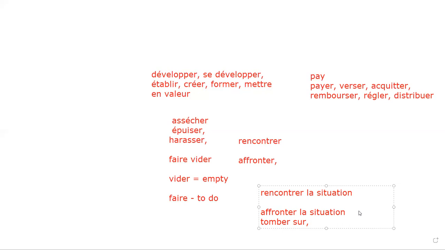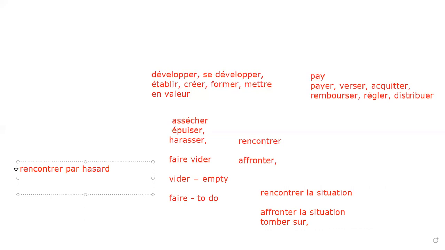Rencontrer par hasard. Very important. Let me write it down. Rencontrer par hasard. Team, very important. I want you to get a grip on the language. That's why I'm giving these vocabularies.